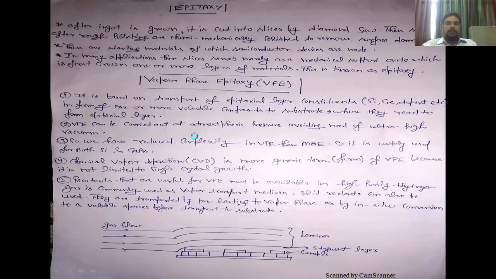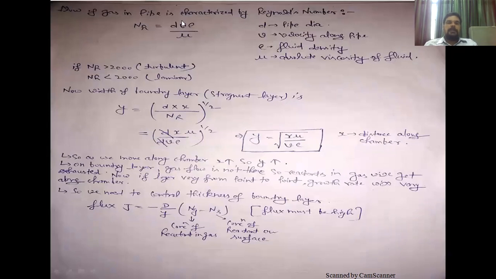So D is the diameter of that pipe, V is the velocity along the pipe, rho is the fluid density, in this case this is gas, and mu is the absolute viscosity of the fluid, in this case also a gas. By this formula we calculate the Reynolds number.